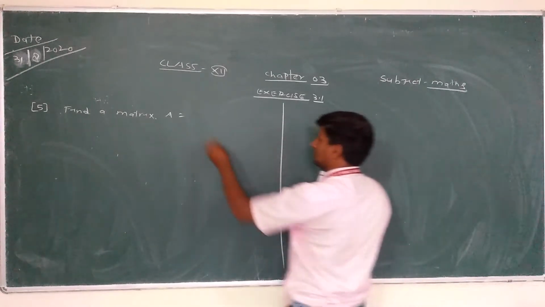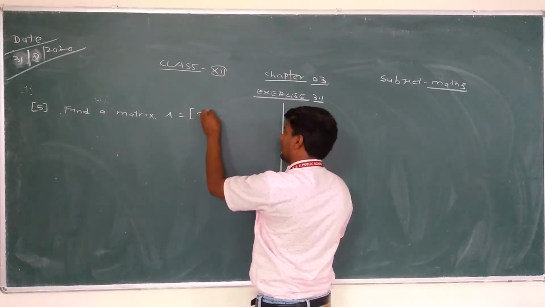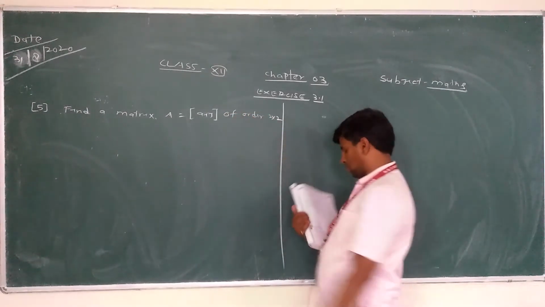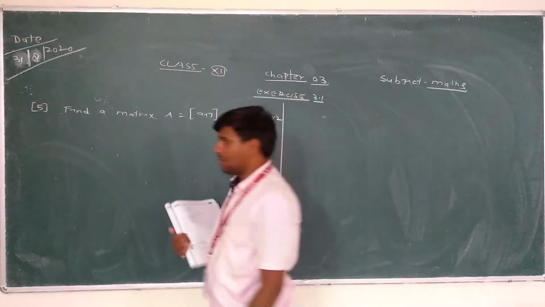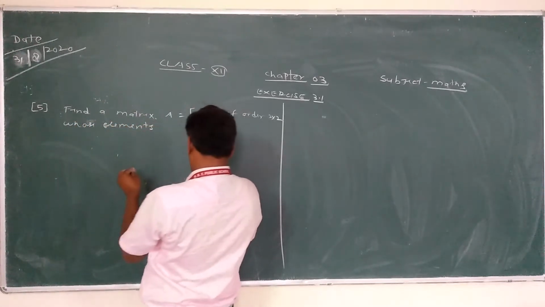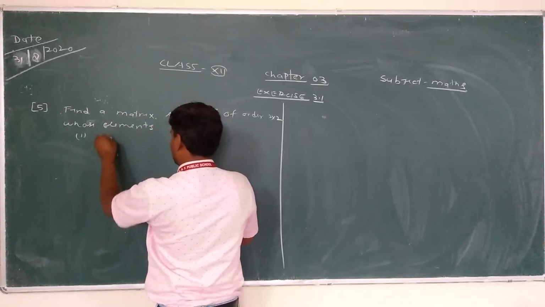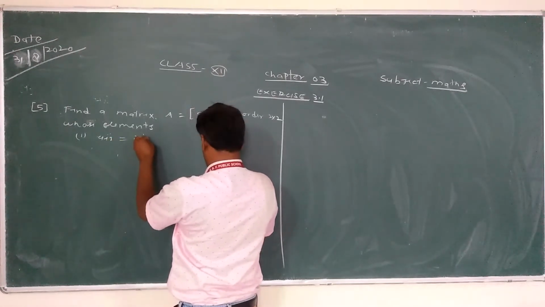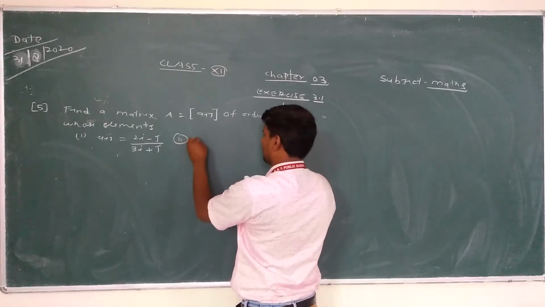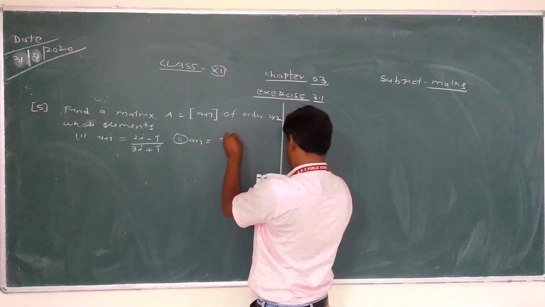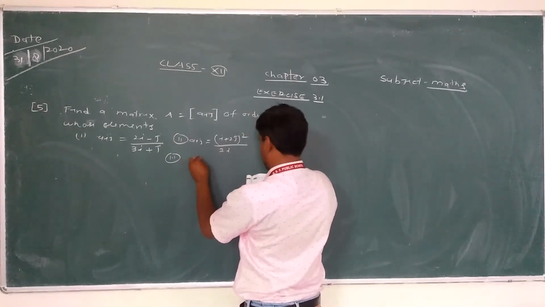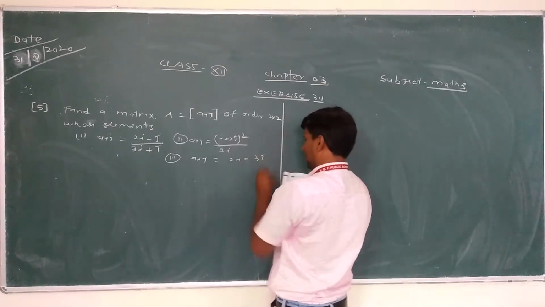A equal to Aij of order 2 cross 2, whose elements are defined as: in the first part, Aij equals (2i minus j) by (3i plus 2j); second part, Aij equals (i plus 2j) whole square by 2i; and the third part, Aij equals 2i minus 3j.